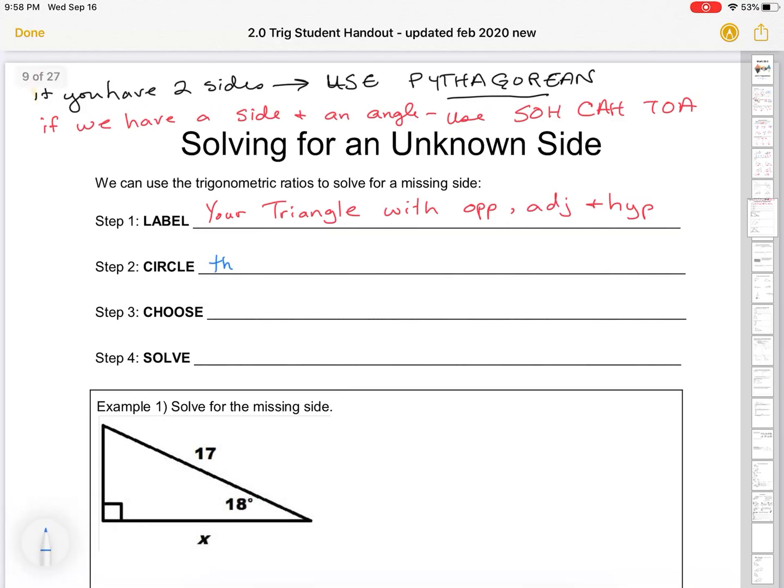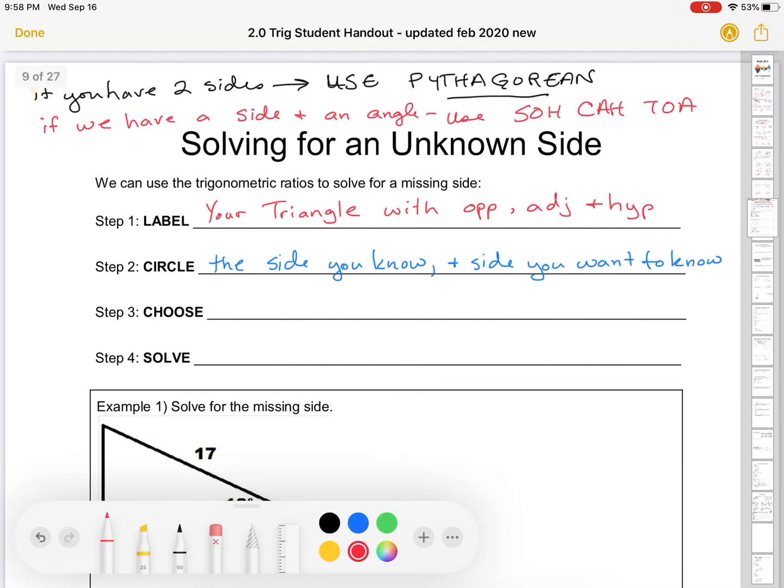Step two, let's mix it up. Circle the side you know and the side you want to know. Okay?